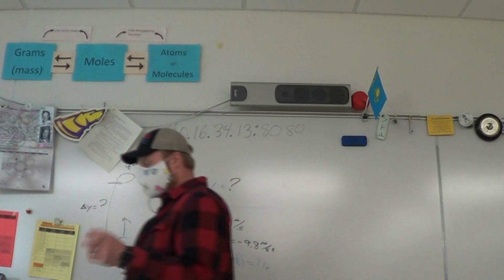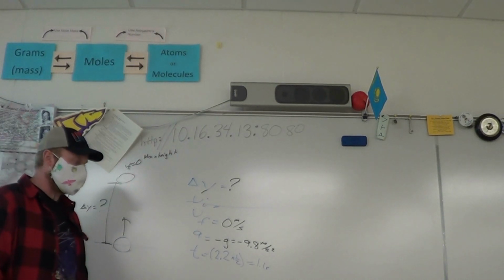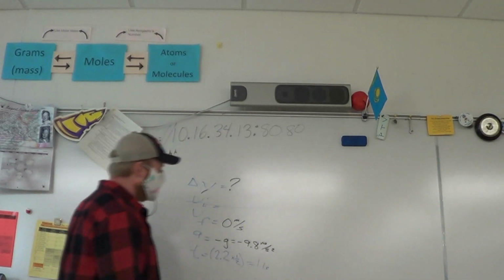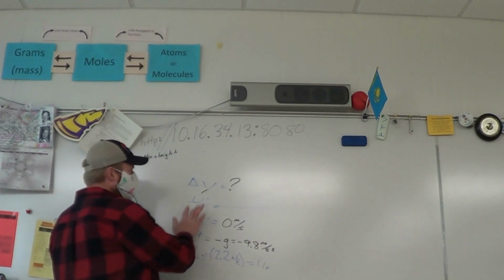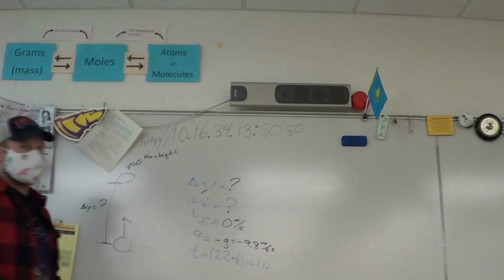But instead of it being VIT, it's VFT. But instead of being plus 1/2, I believe it's minus 1/2 AT squared. So it's close enough. It gets screwed up. So in this particular case, there isn't really another way to do it unless we solve for that first.